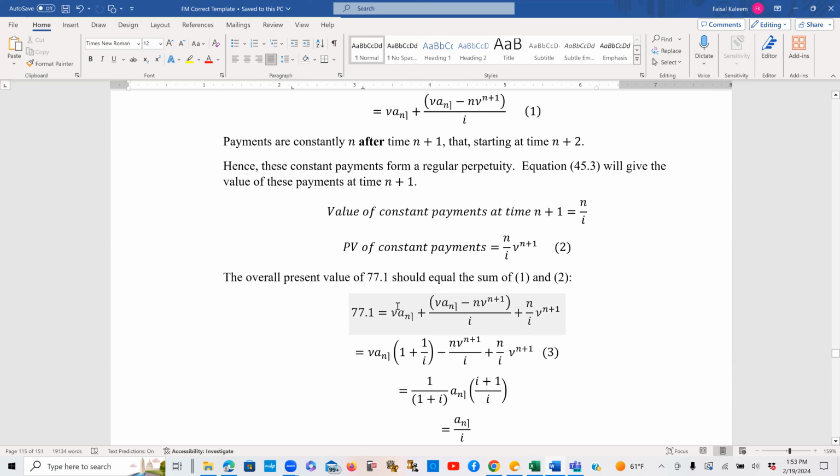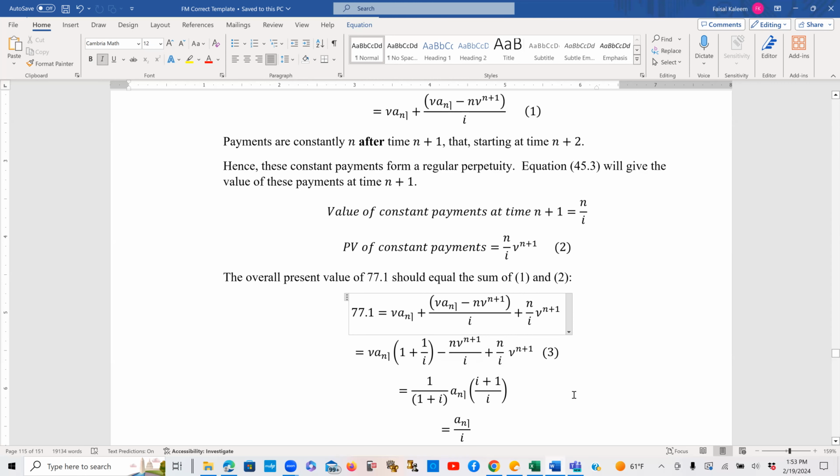So if you factor nu a_n from this term and this term, it leaves you a 1, and this term leaves you a 1 over i. So we have dealt with this one and this one, and then this one we just write as it is, minus n nu^(n+1) over i, and then this one we write as it is, plus n over i times nu^(n+1), and you can see that this term is actually the same as this term.